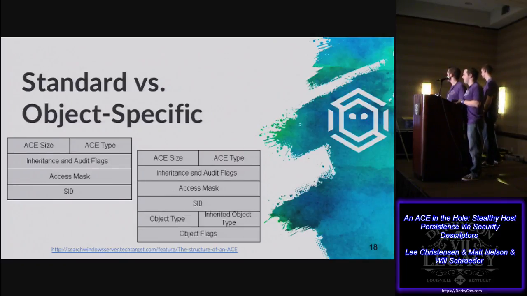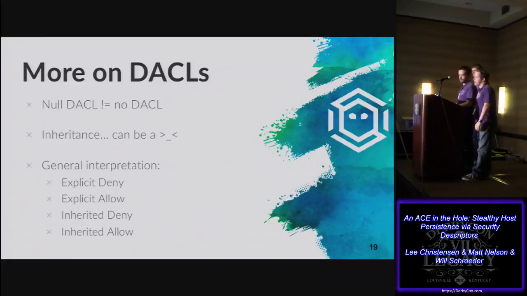So it could be a service, it could be a file, it could be an Active Directory object. That specific right applies to all of the objects. Whereas there's also object-specific rights. A service isn't going to have the same permissions or the same rights as a file. So for services, for example, there's a create service right or a start service right, whereas a file might have file read or file delete.